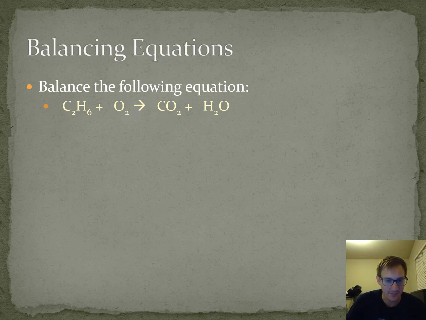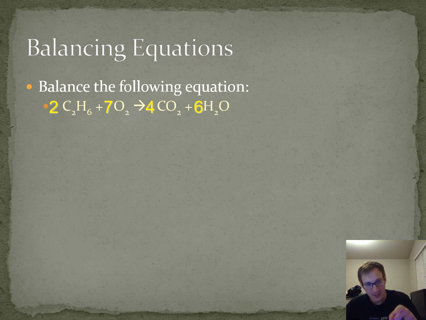So let's see. If you did this one correctly, I didn't take you through it, but you should get 2 C2H6 plus 7 O2. I'm just going to double check my answer here.